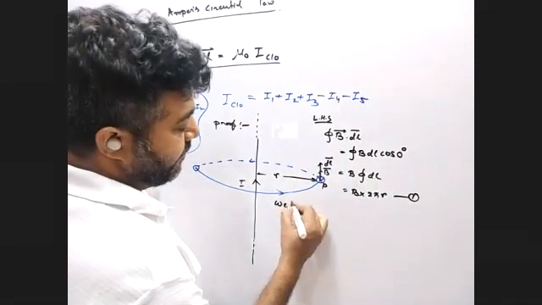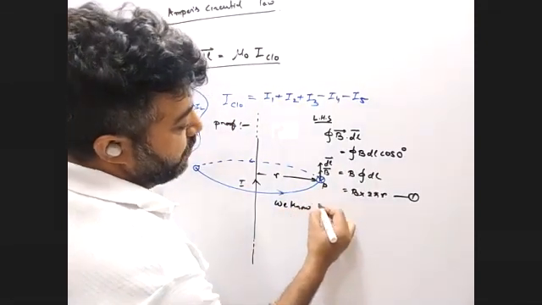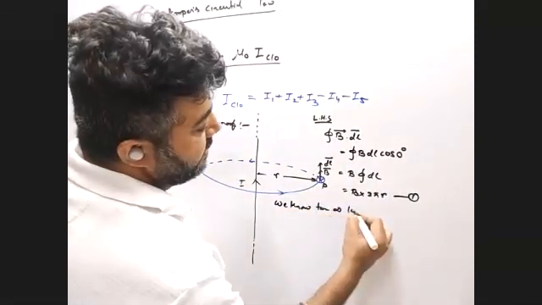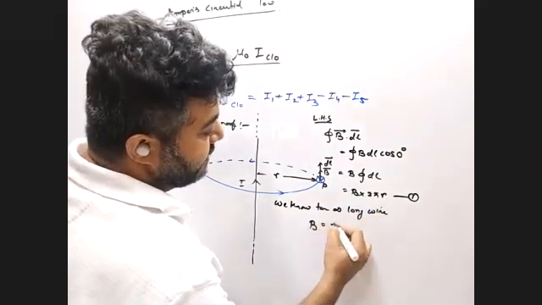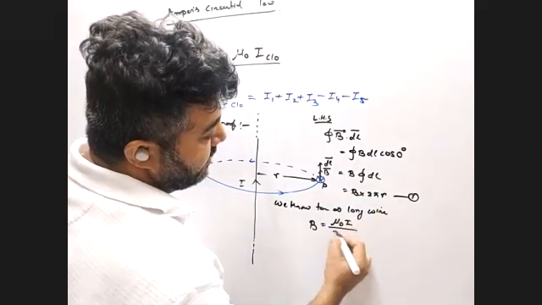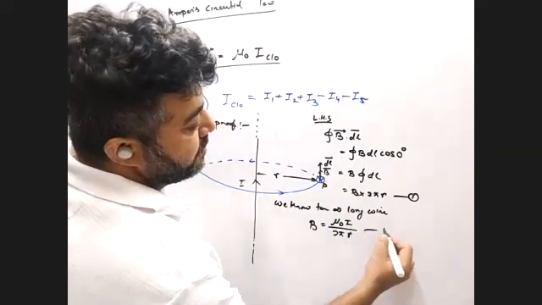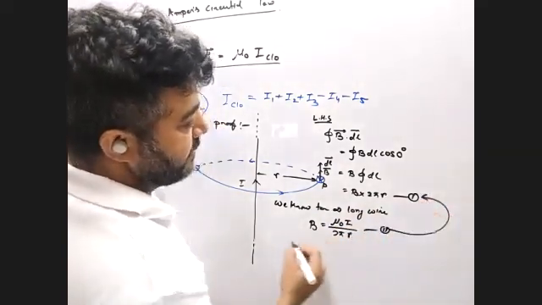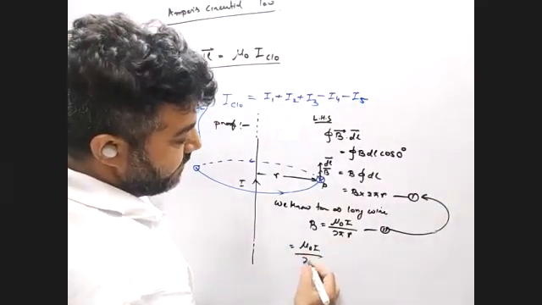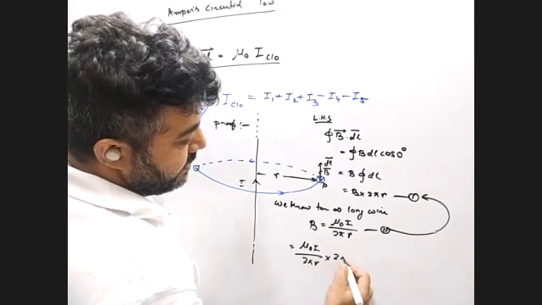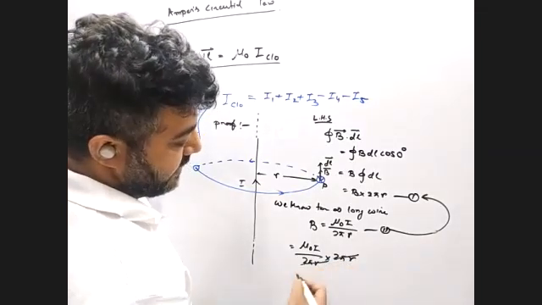We know for an infinitely long wire, the magnetic field is mu naught I by 2 pi r. If we put this value in equation 1, we get mu naught I by 2 pi r into 2 pi r, this 2 pi r cancels.